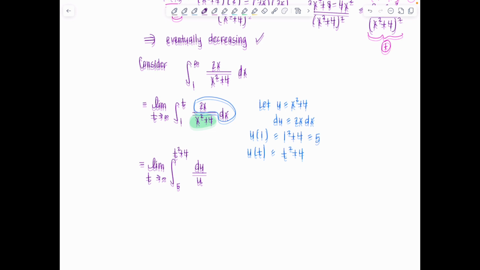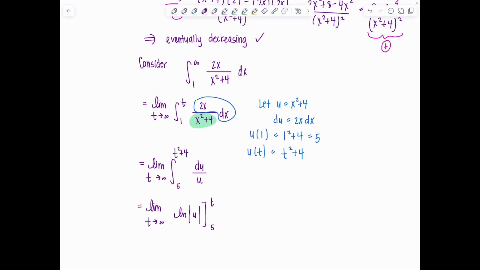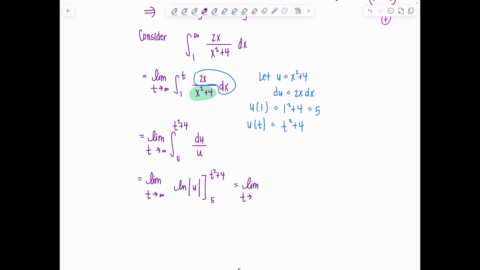Good? Okay, from here, the antiderivative is going to be natural log, absolute value of u. And then we evaluate this from 5 to t squared plus 4. So this is going to be the limit as t goes to infinity of natural log, I can just put parentheses because t squared plus 4 is positive, minus ln of 5.